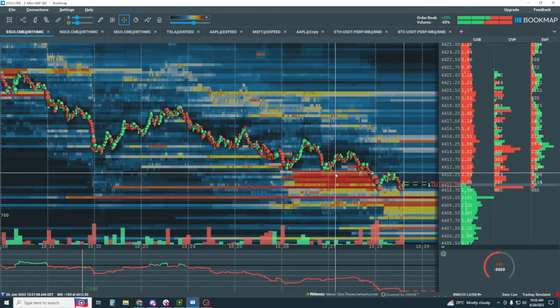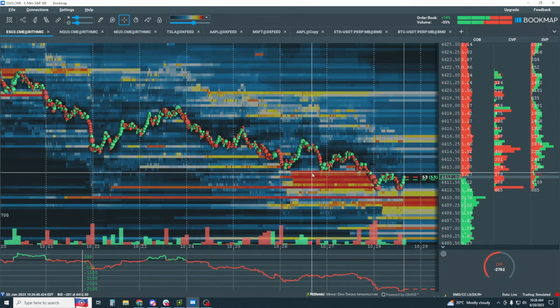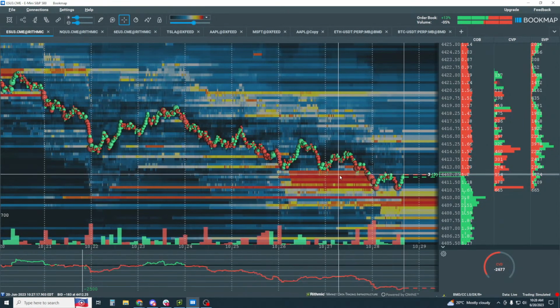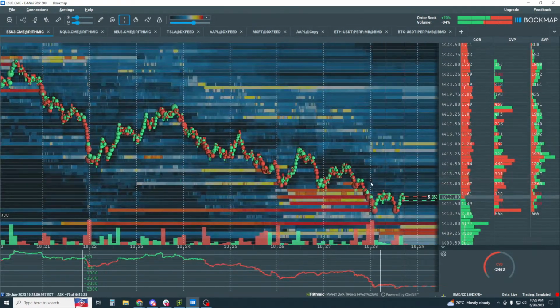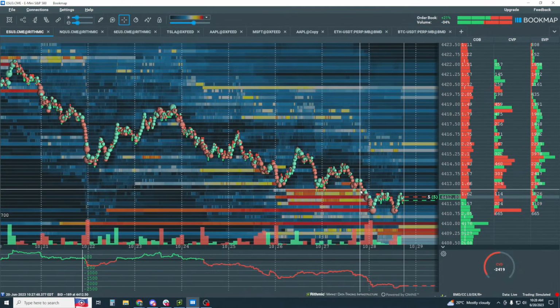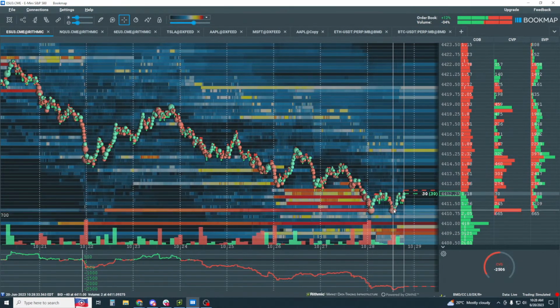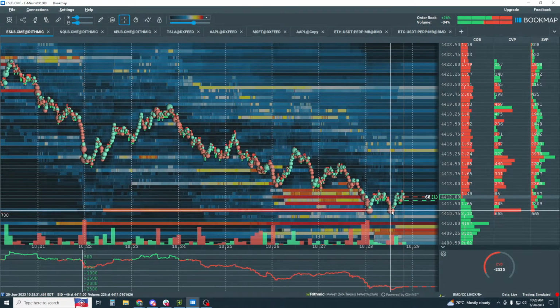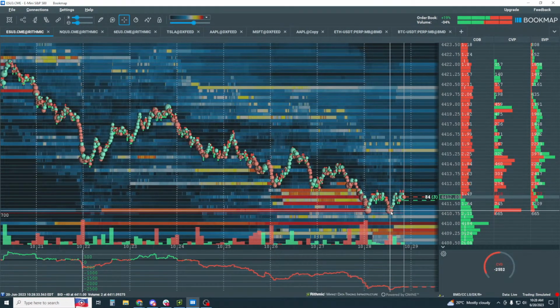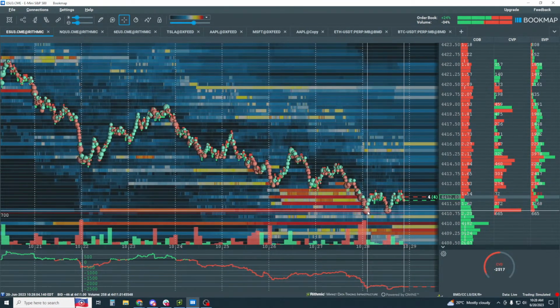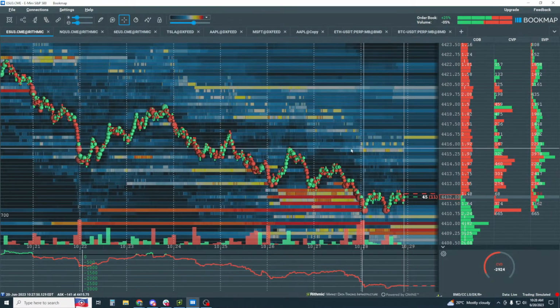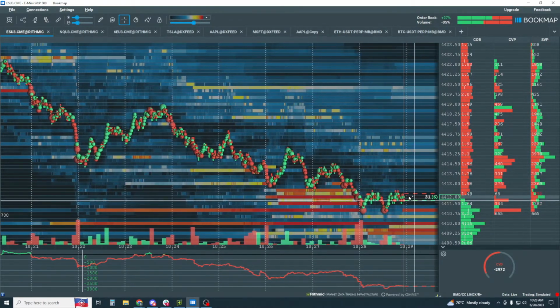Okay, all right, so here we go. Look at this here. Beautiful liquidity getting filled right in here. Really nice. Now sellers continue to come in here and dropped it down and made an equal low here. Right, so this is the behavior that we want to start watching now.